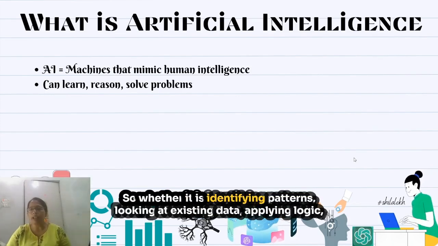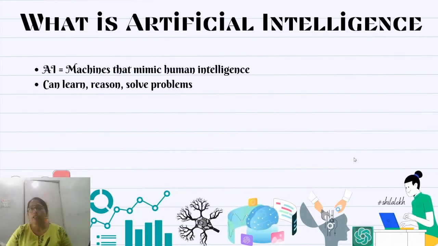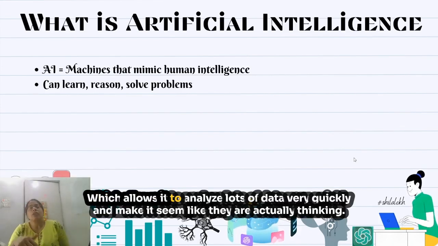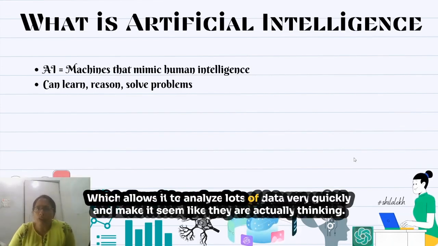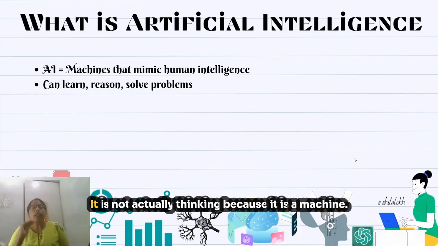So whether it is identifying patterns, looking at existing data, applying logic, identifying images, whatever processing you ask it to do, it does it very fast, which allows it to analyze lots of data very quickly and make it seem like they are actually thinking. It is not actually thinking because it is a machine.